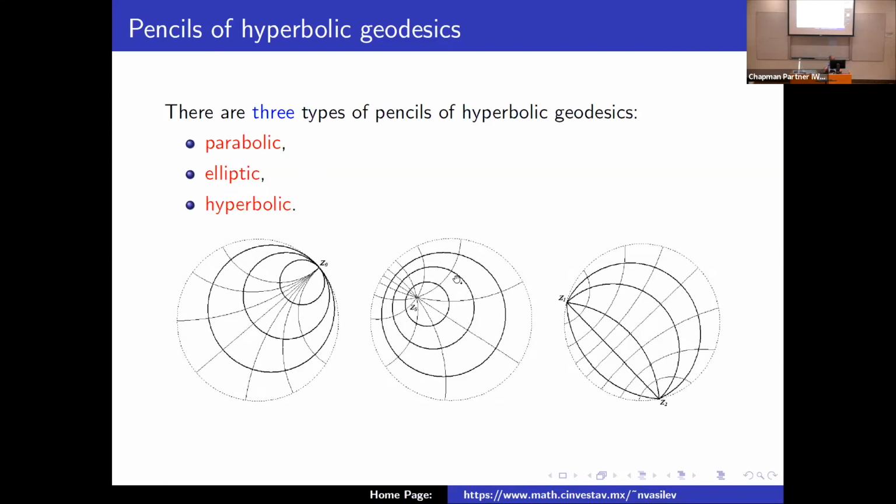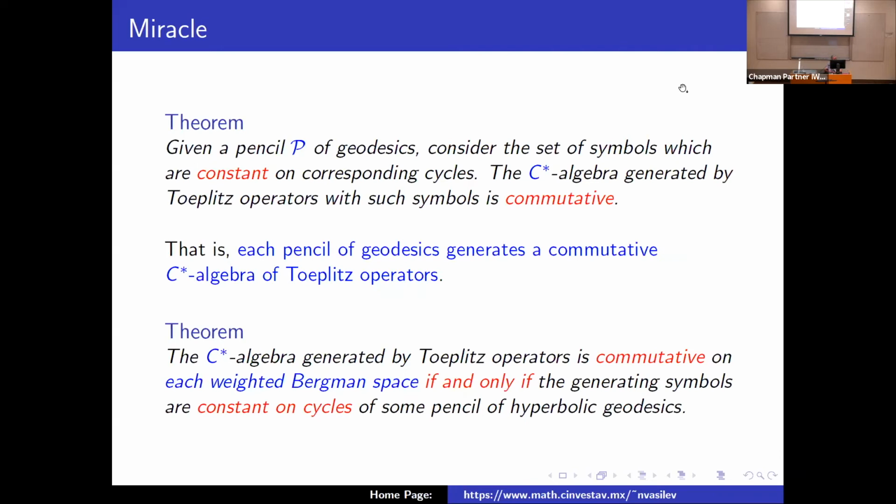These bold lines are called cycles. They are orthogonal trajectories to geodesics. They are known to be equidistant in the Bergman metric. So this distance in the Bergman metric is exactly like this distance. Given any pencil of geodesics, consider the set of symbols which are constant on the corresponding cycles.